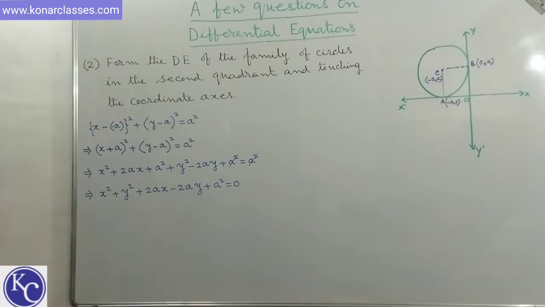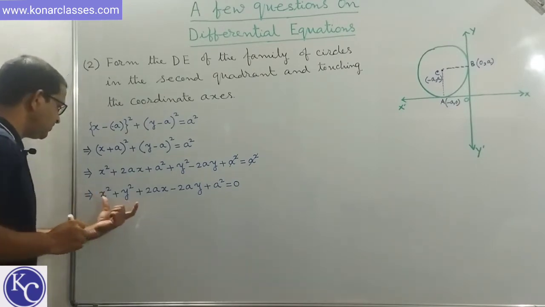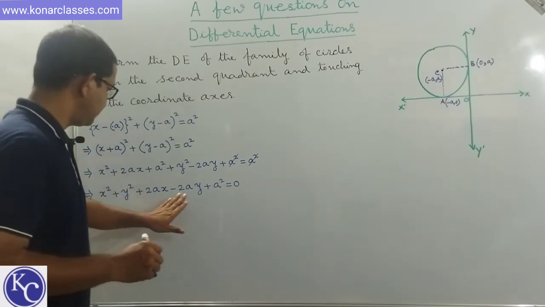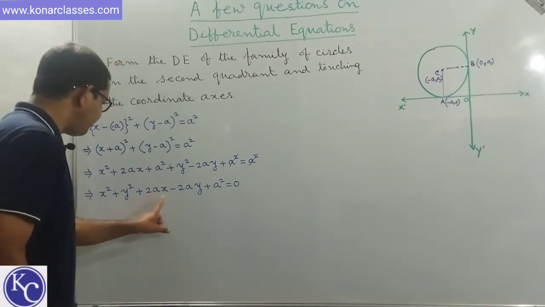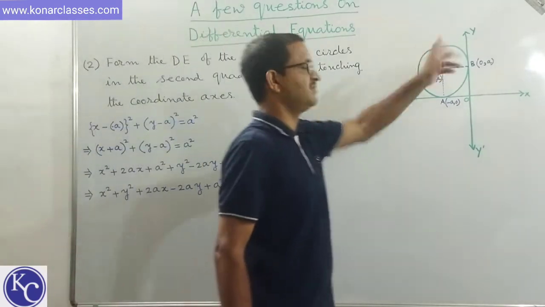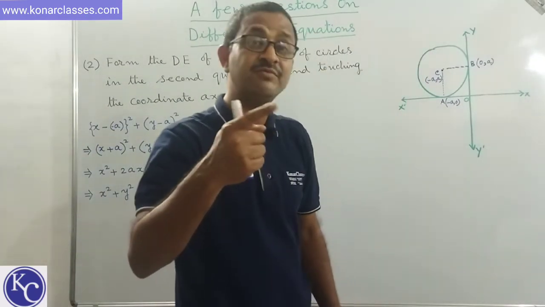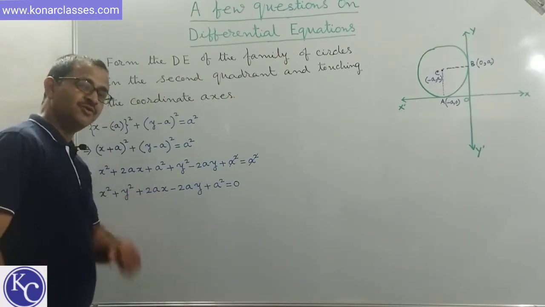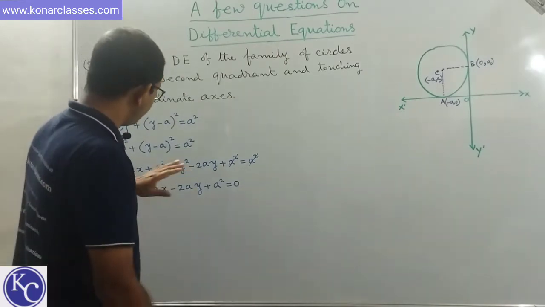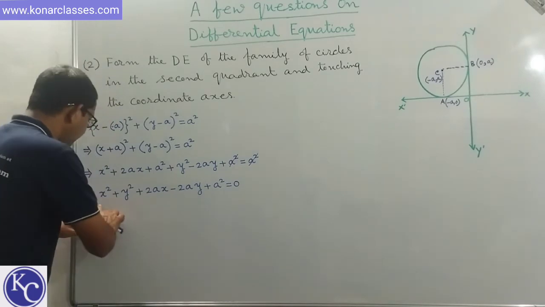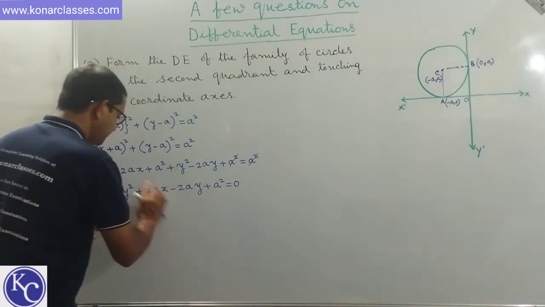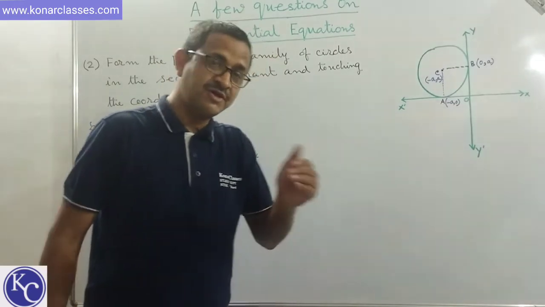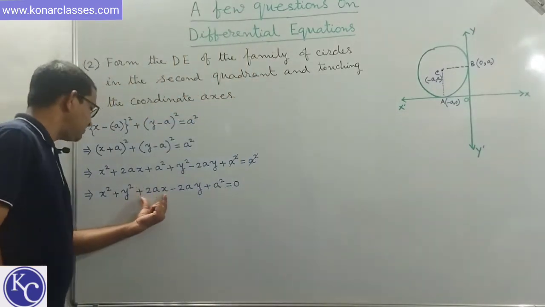Now what we are going to do, dear students, is that we need to form a differential equation which represents this circle. Now we can vary a and we get different circles. That's why it becomes a family of circles. So that means a becomes an arbitrary constant. Now, this is a curve having one arbitrary constant a, and we need to form a differential equation for which this is the general solution.